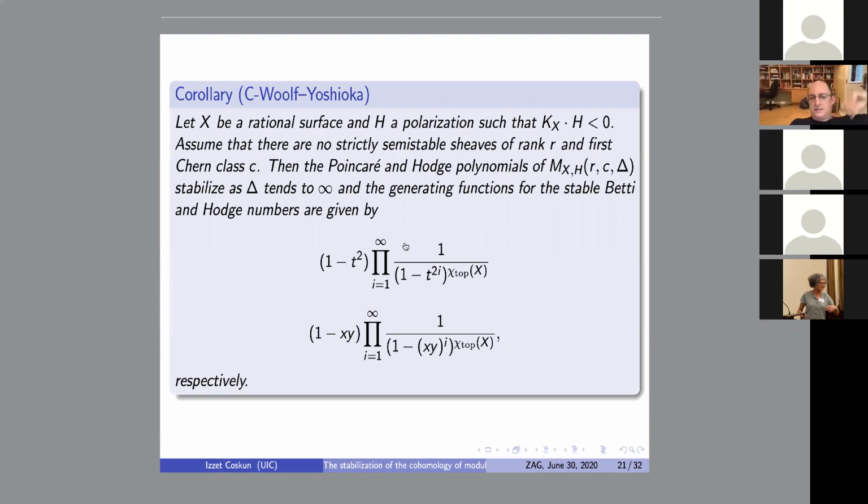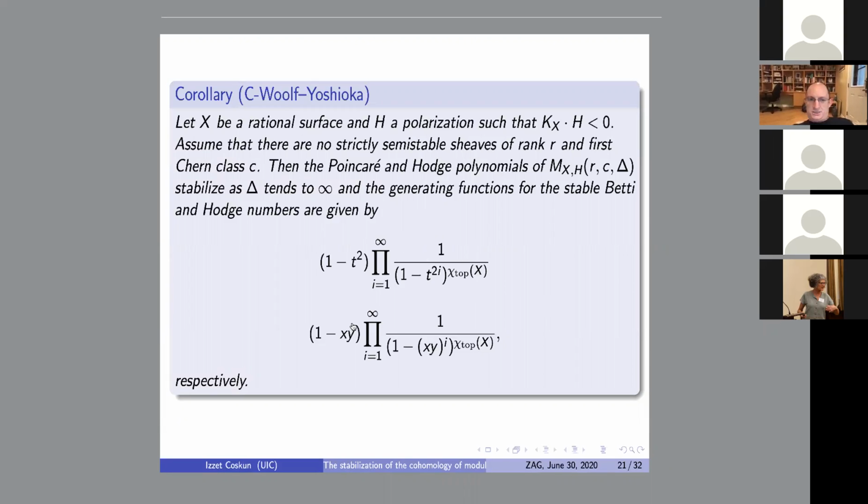So in particular, the tables that we saw in the beginning did not just look like they were stabilizing. They really do stabilize, and they stabilize to what we think they do. And the key point, of course, is that this is independent of the rank, like we were expecting. All right, so that's the theorem.